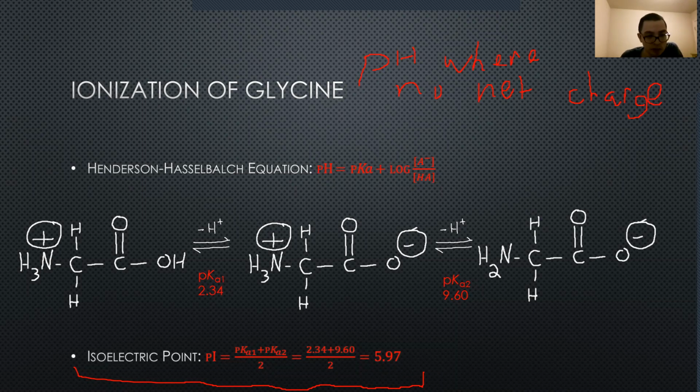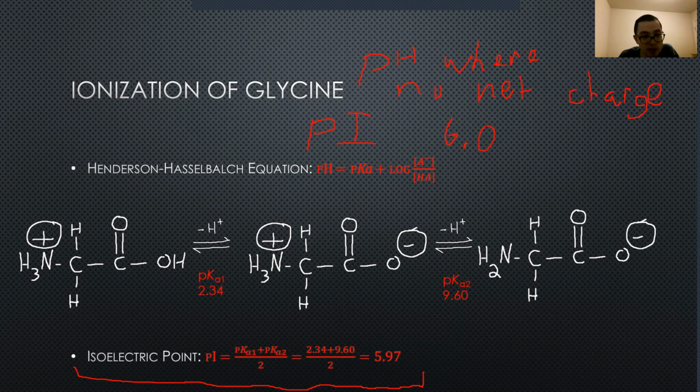So why would this be useful? If we're looking at electrophoresis, we could use pH to separate different amino acids or different proteins based on what's known as the isoelectric point. For instance, I calculated the isoelectric point here for glycine. The pI for glycine is 6.